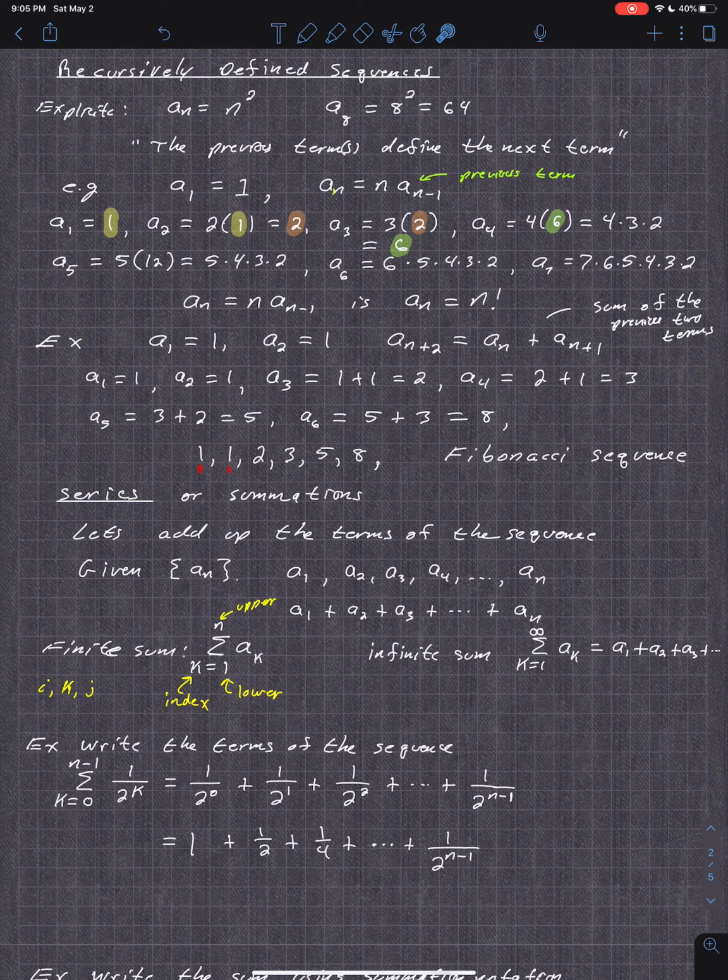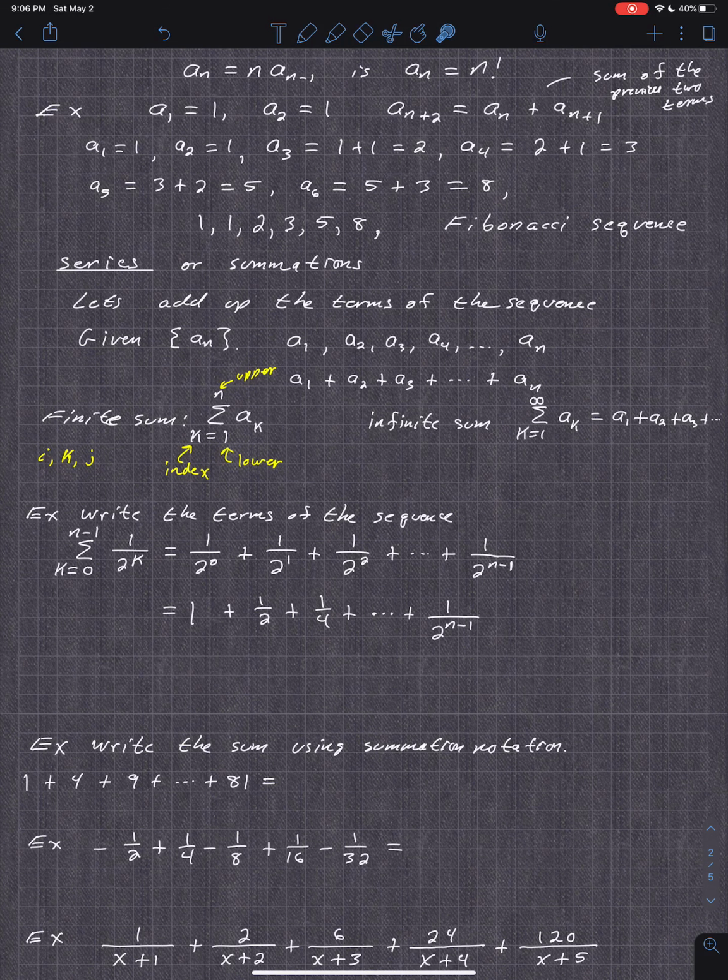So you get 1, 1, 2, 3, 5, 8. That is called a Fibonacci sequence. There's different forms, but the most simple one, basically, is the Fibonacci sequence, which if you look that up, you'll see there's a ton of applications and stuff that comes up in nature for Fibonacci sequences.